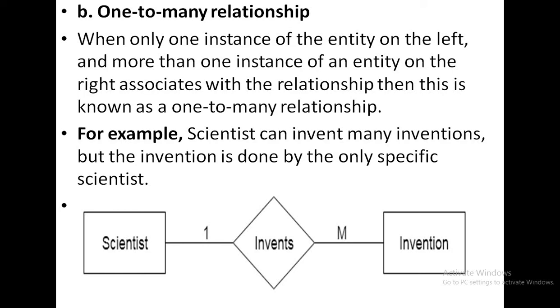The scientist is one who can create different inventions. That's why the many inventions on the right side are represented by M, and the scientist is one. So one to M means one-to-many relationship.